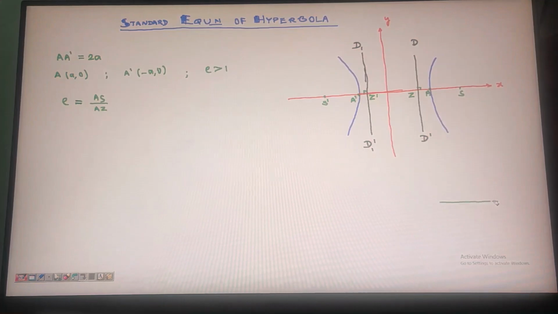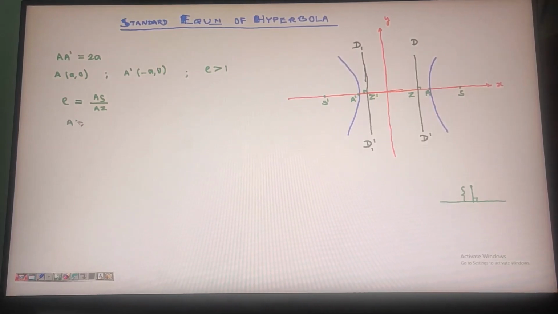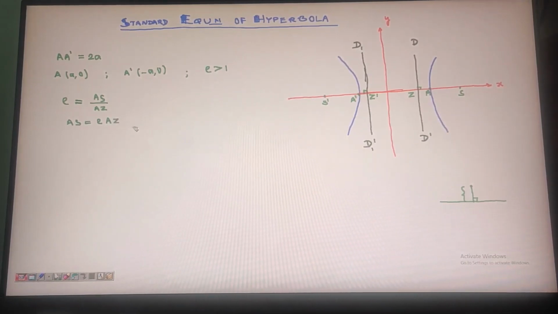Whenever you want to find the distance of a point from a line, you have to drop a perpendicular on the line. This perpendicular is the distance of the point from the line. So AZ is the perpendicular. Anyway, what we are finding is AS is equal to e times AZ. This is equation number 1.